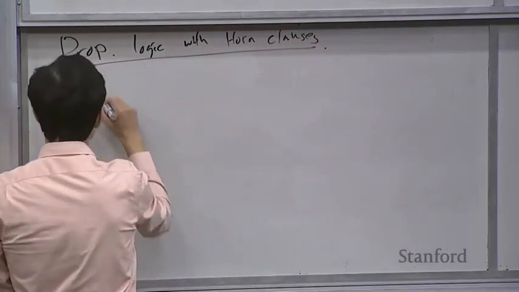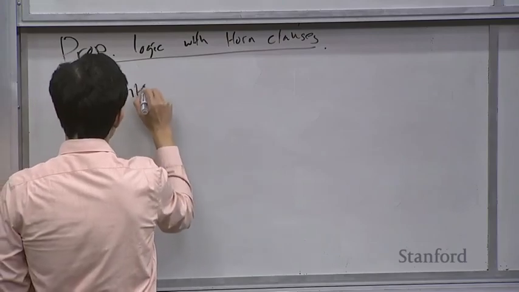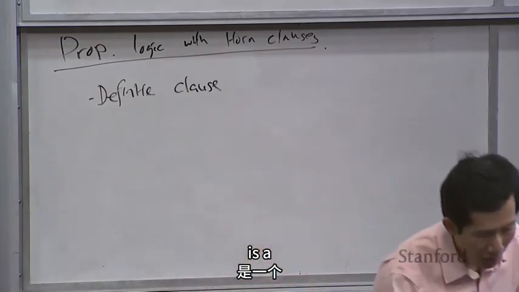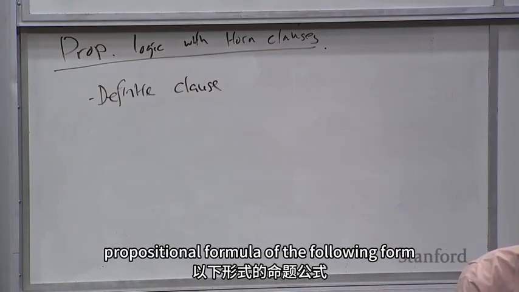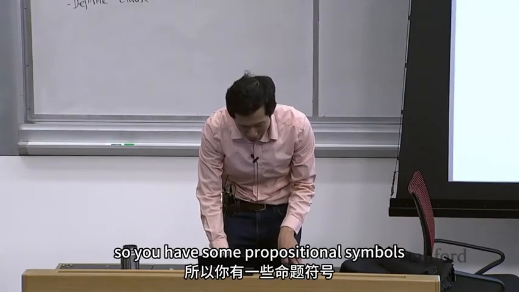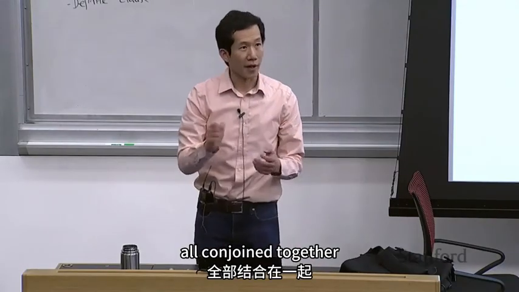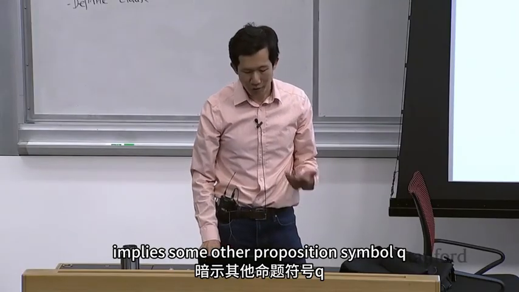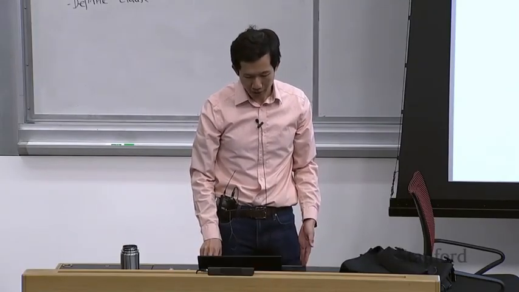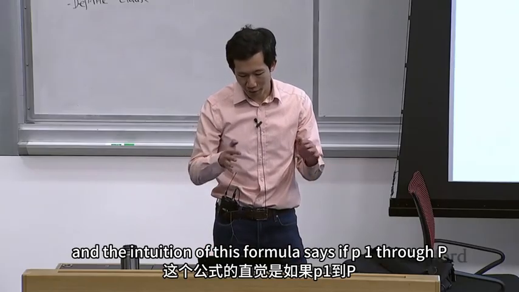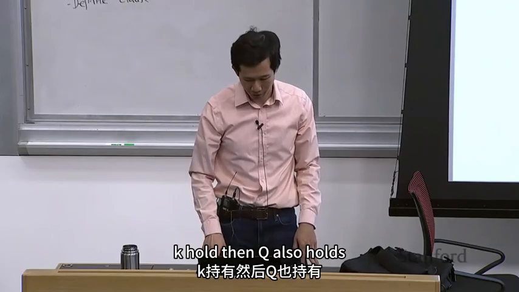Okay, so a definite clause is a propositional formula of the following form. So you have some propositional symbols all conjoined together. Conjoined just means it's anded. Implies some other propositional symbol Q. And the intuition of this formula says if P1 through Pk hold, then Q also holds.